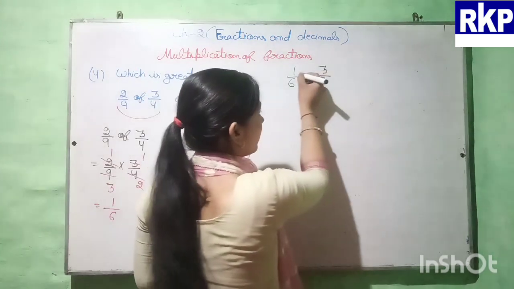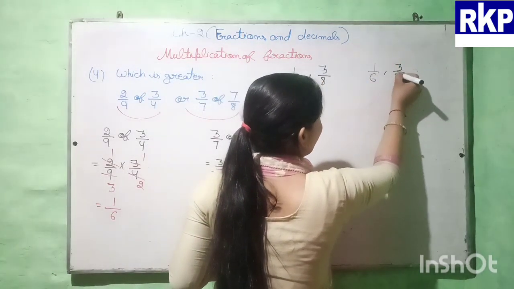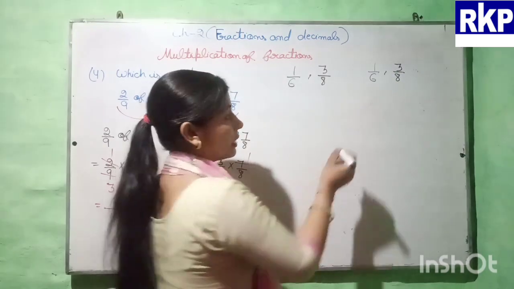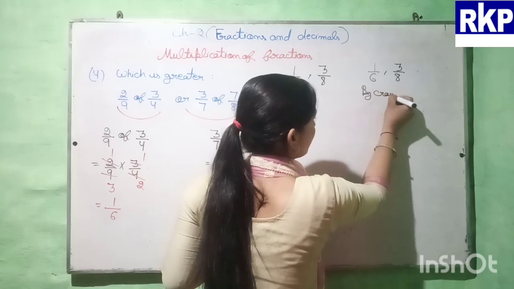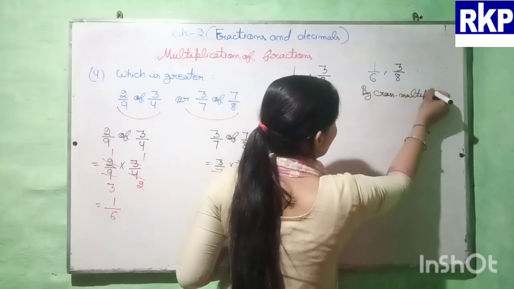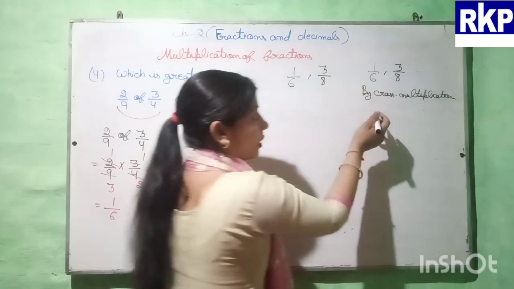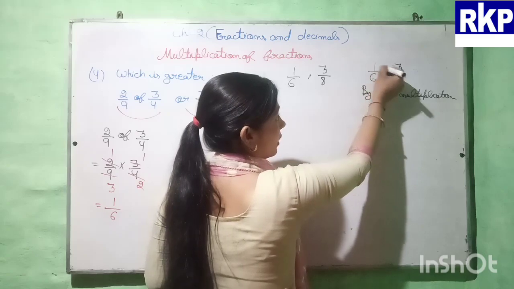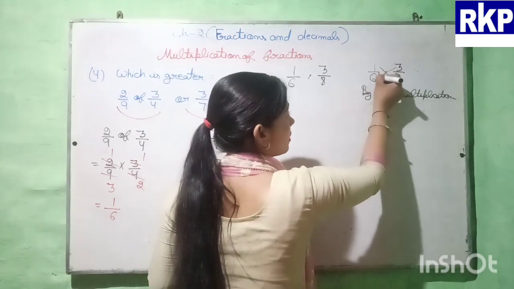Okay, so here 1 by 6, 3 by 8. So by cross multiplication we will multiply this 1 with 8 and this 3 with 6.